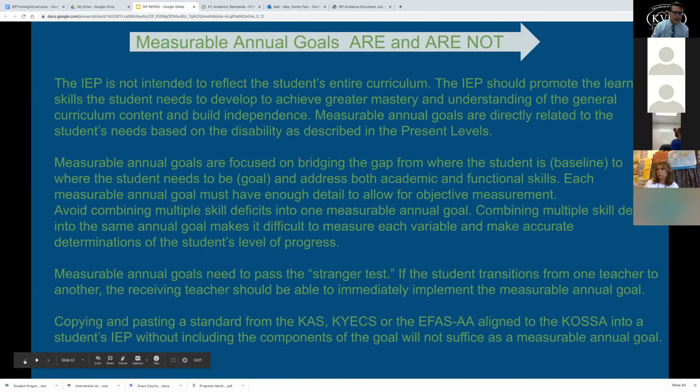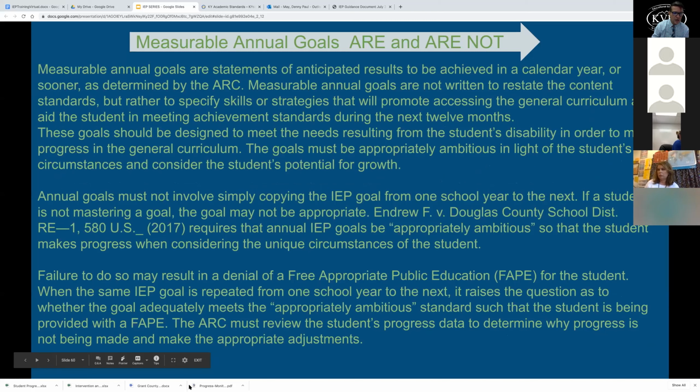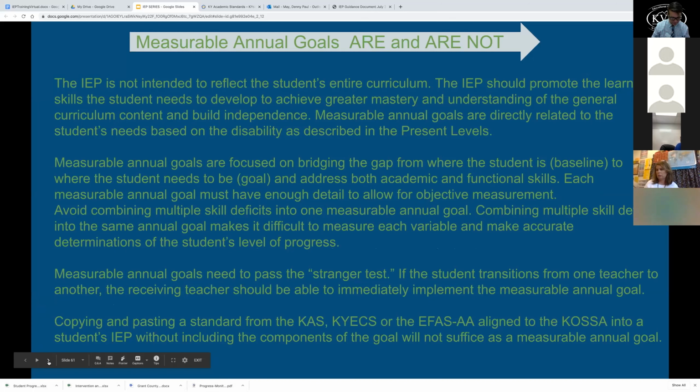So these 2 pages here, this page here and this page here in the guidance document itself, it starts on page 40.